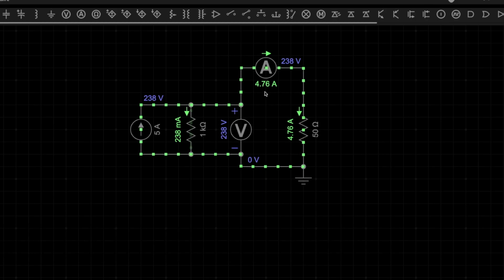So definitely the internal resistance is doing the damage here. The source is rated for 5 ampere, but the current flowing in the system is only 4.76 ampere. So that is the practical or the real current source.